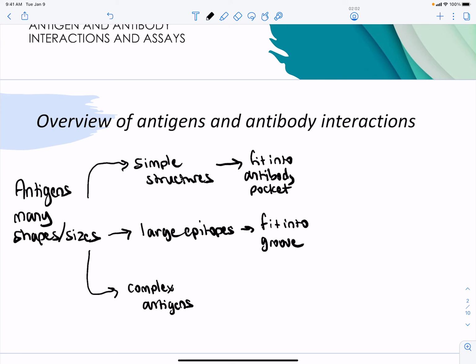And then we have our complex antigens, which are going to have, in essence, an extended surface when they interact with the antibody. And so you're going to have an infinite variety of binding sites for antigens in your antibody repertoire.